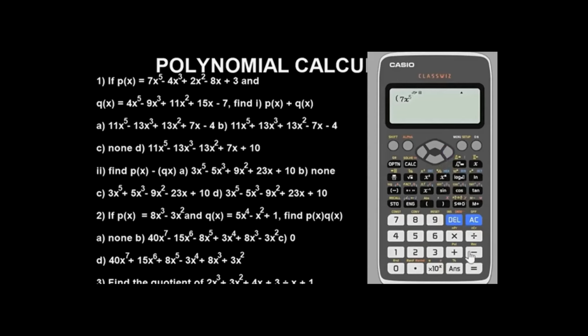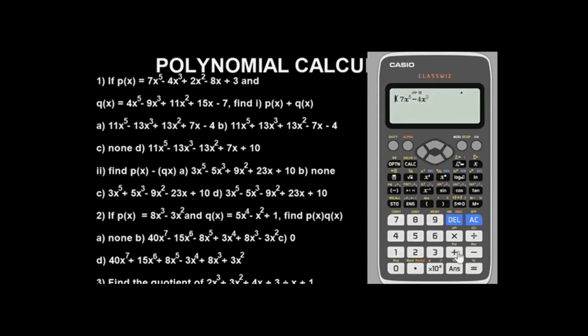Quickly. Minus, we have 4, alpha x, raised to power 3. Alright.